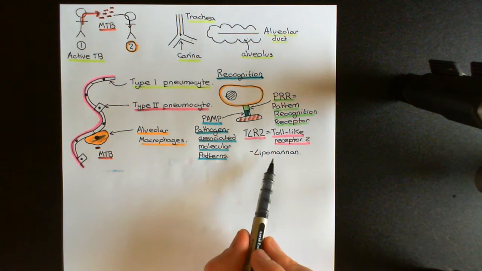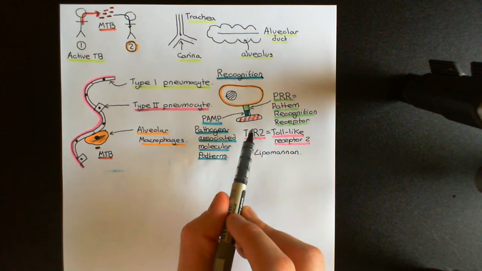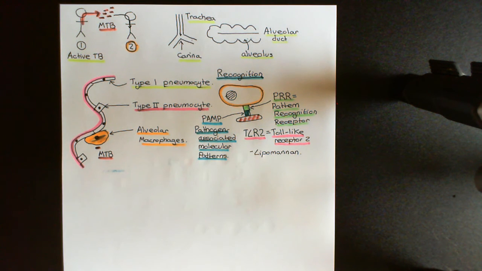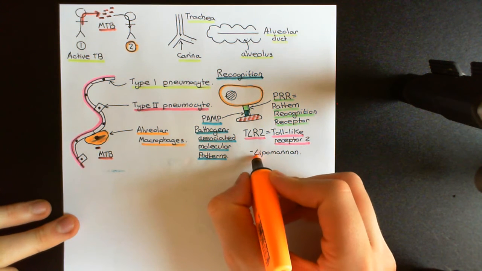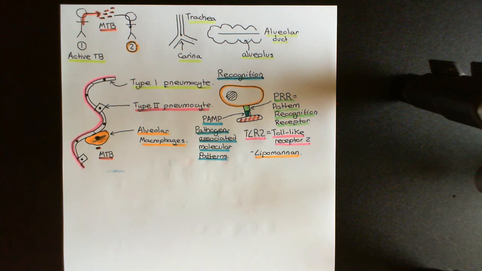So lipomannan molecules on the surface of the Mycobacterium tuberculosis combine to toll-like receptor 2 molecules on the surface of the alveolar macrophage, and that is a giveaway sign that will activate an intracellular signaling cascade inside the alveolar macrophage that tells the alveolar macrophage there is something here that is dangerous, okay?